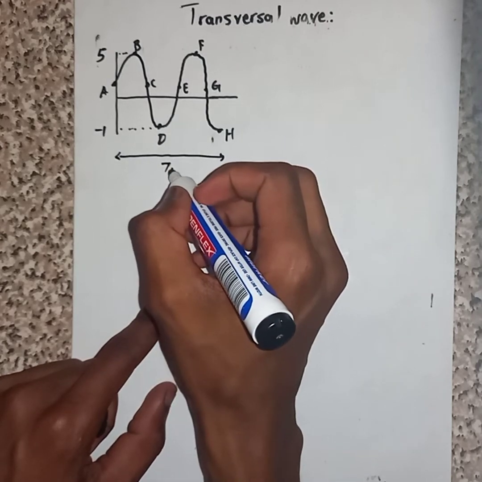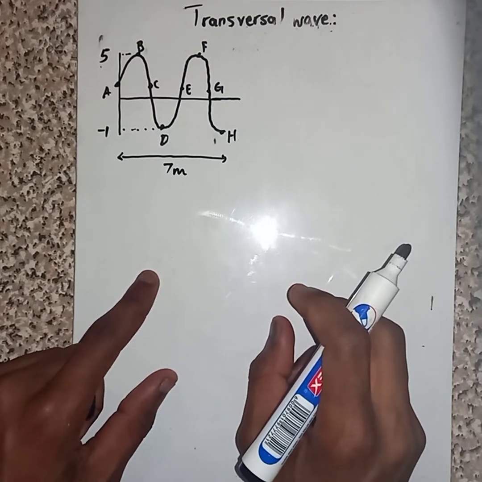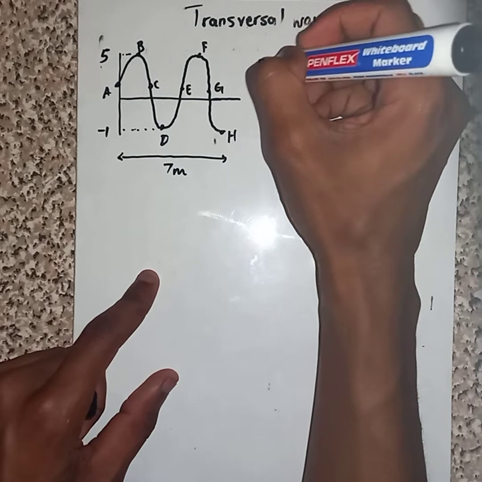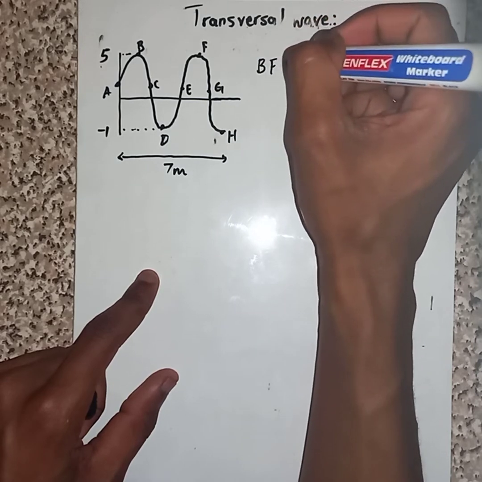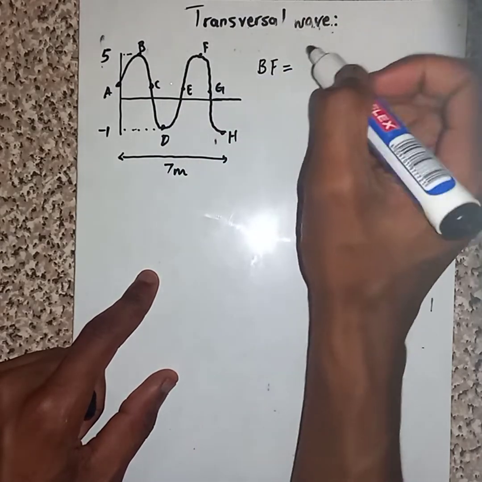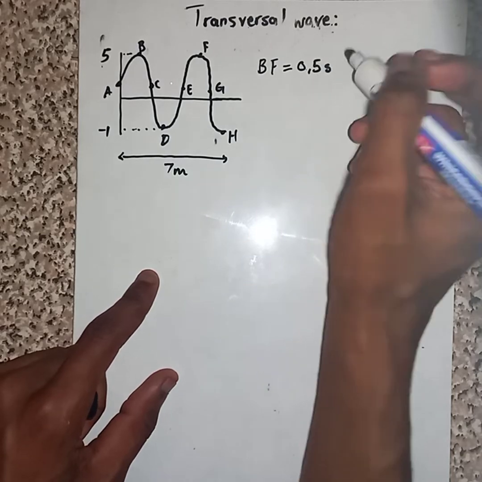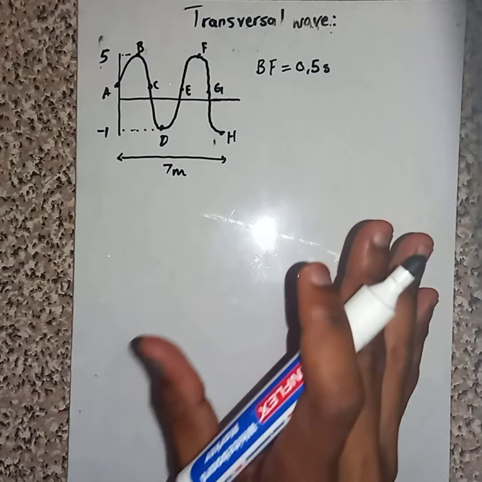Let's say this one is 7 meters. And also, if they say to us now the time taken for this wave to move from B to F is 0.5 seconds. Let's say this is all our given information.